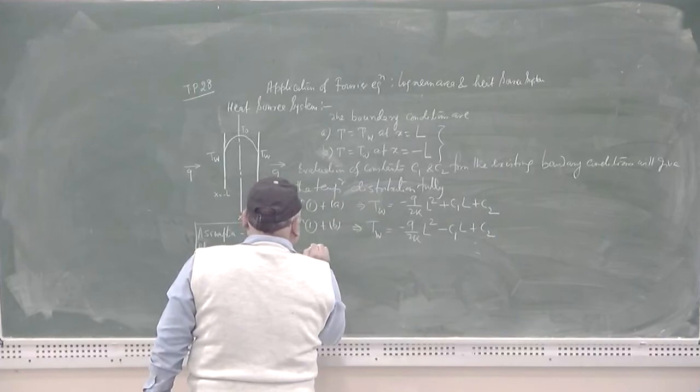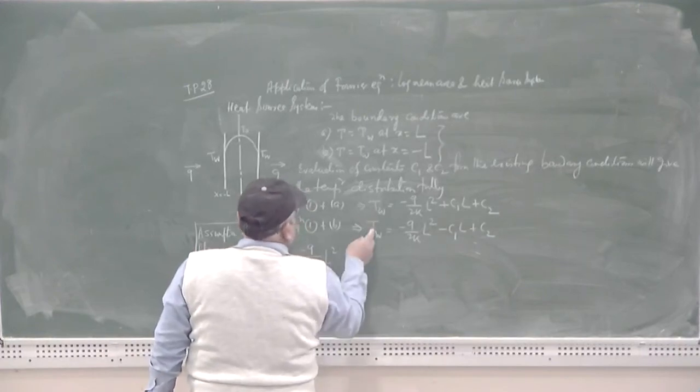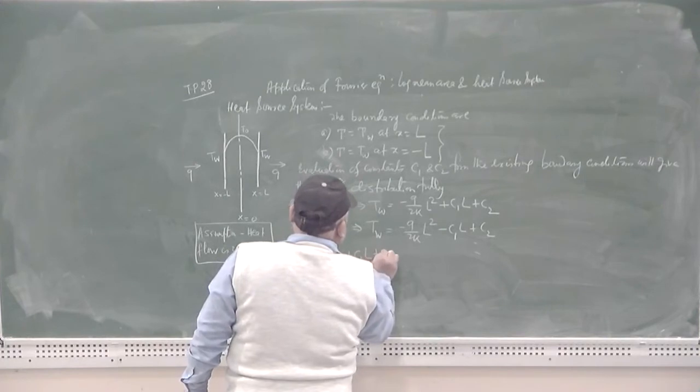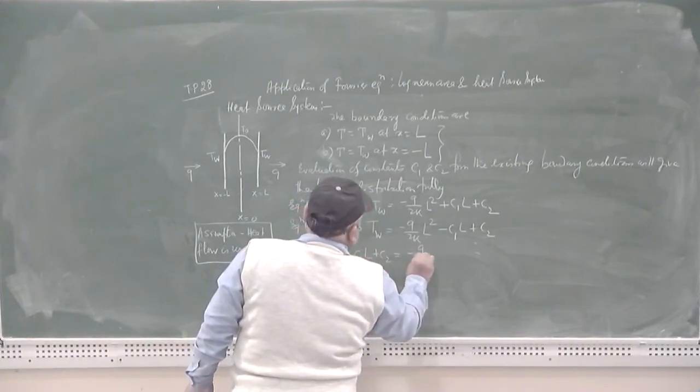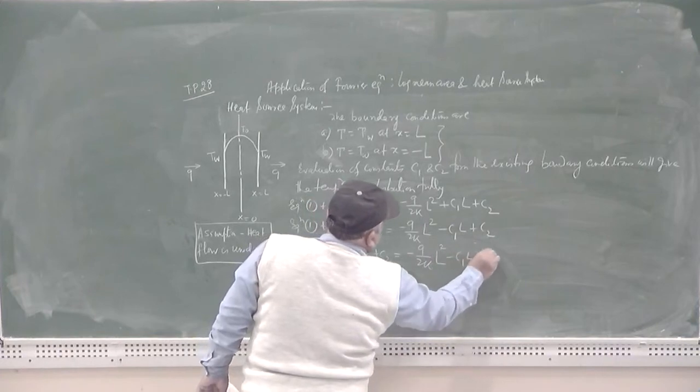Because both represent the temperature TW, minus q by 2k L square plus C1L plus C2 is equal to minus q by 2k L square minus C1L plus C2.